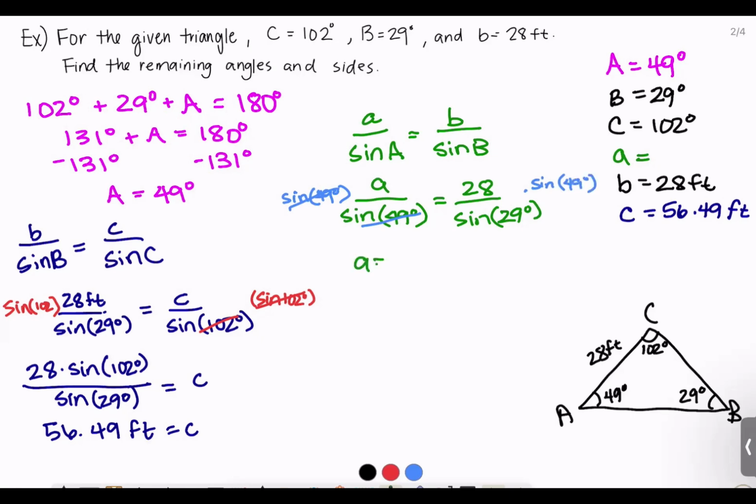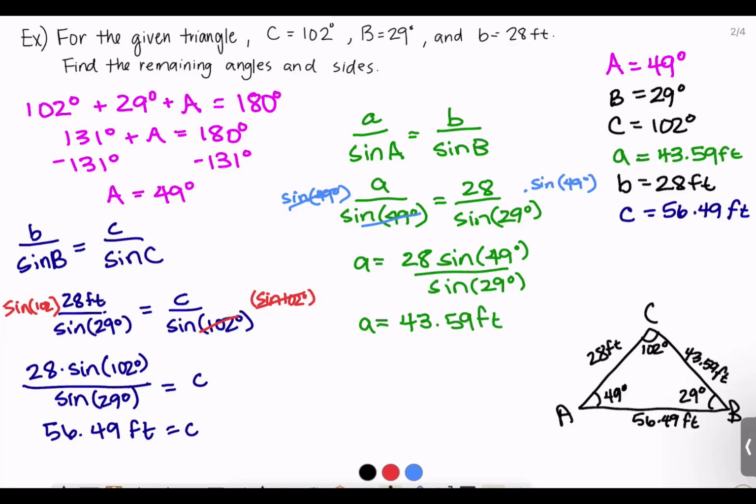So A is equal to 28 feet times sine of 49 degrees divided by sine of 29 degrees. And we're going to put that in the calculator, making sure we're in degree mode. And we should get, to 2 decimal places, 43.59 feet.